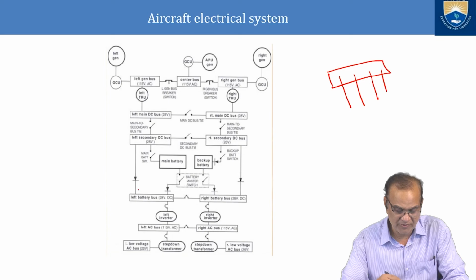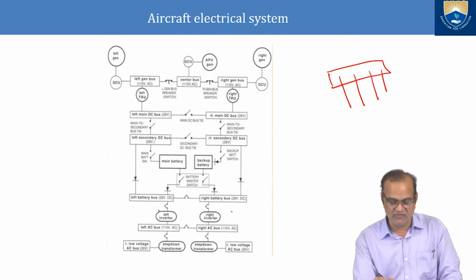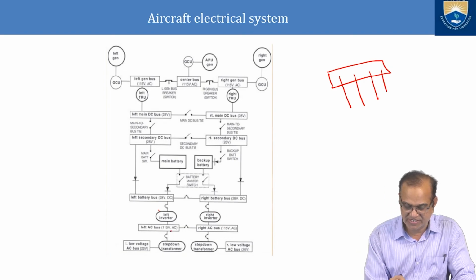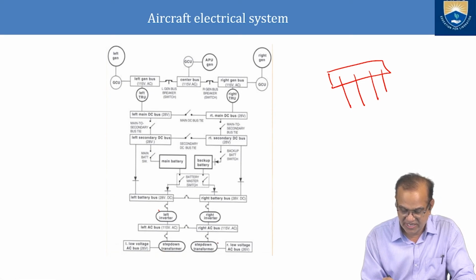From here it goes to the left battery bus, right battery bus, left inverter, right inverter, left AC bus, right AC bus, low voltage AC bus up to 26 volt. Then step down transformer, low voltage AC bus.